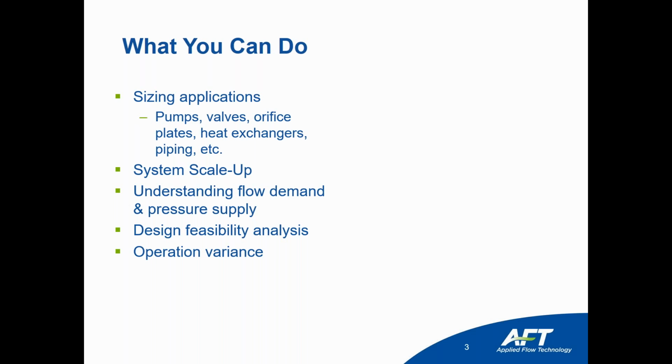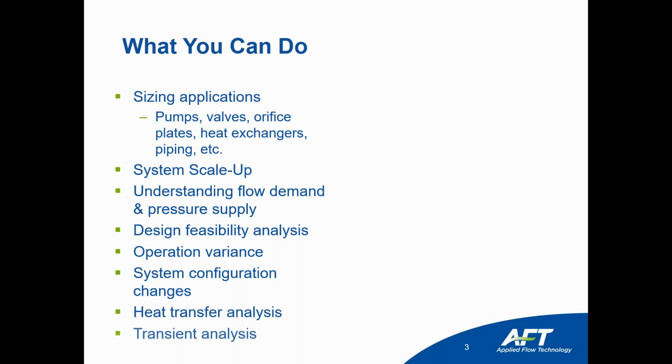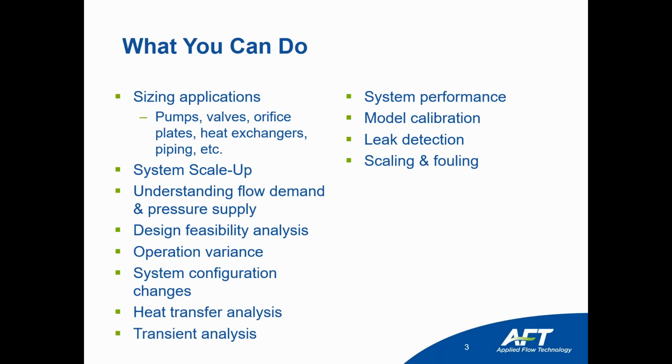Operational variants, you can easily model a great multitude of cases within a single model file, and that's called our scenario manager. It's one of the most powerful features in our software, and I'm going to show you how to use that today. You can easily model system configuration changes, full-on heat transfer analysis. You can do transient analysis. You can easily account for leaks or scaling or fouling in the system.